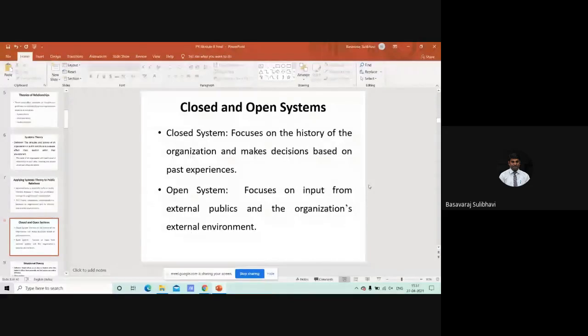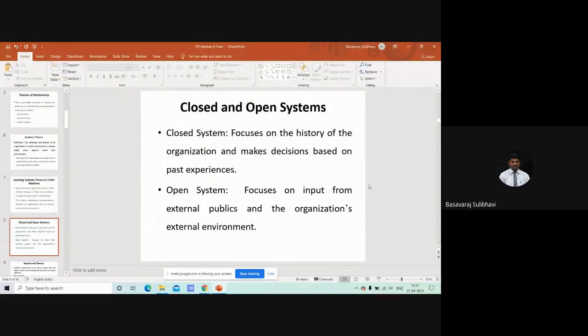Next we have the open system, where we should be focusing on more inputs from the external publics. In a closed system, usually publics are not included. Most of the time, the data already existing in the organization is used in taking the decision. But the open system gets contributions from the public.